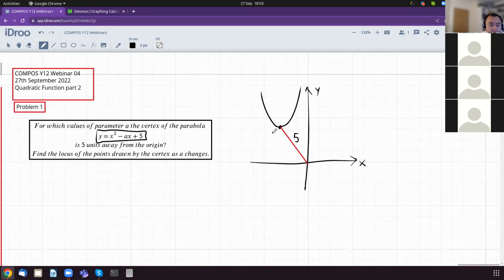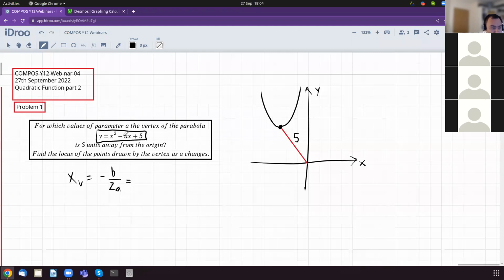Okay. Well, first of all, I'd say we find the vertex of the parabola. There are many different ways to do this. I'm going to use perhaps the simplest way. The x of the vertex of the parabola is minus b divided by 2a.